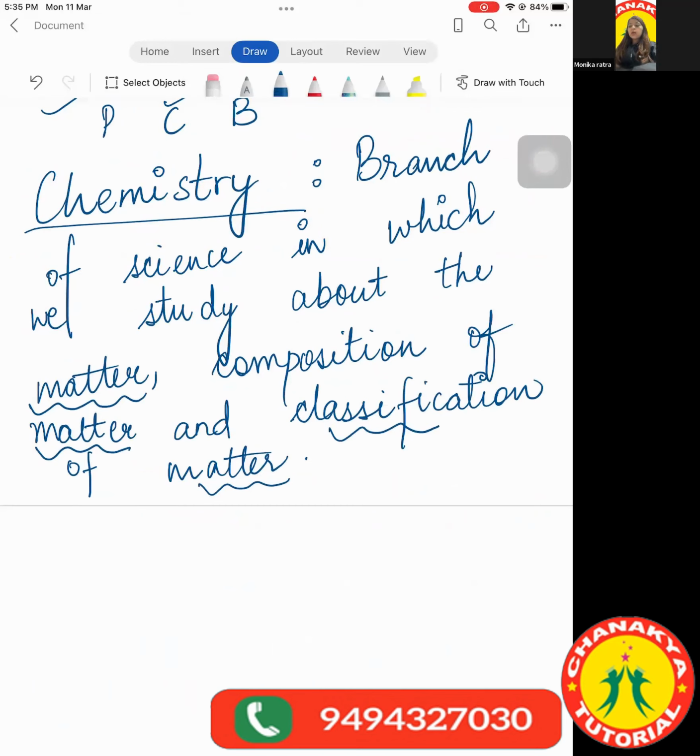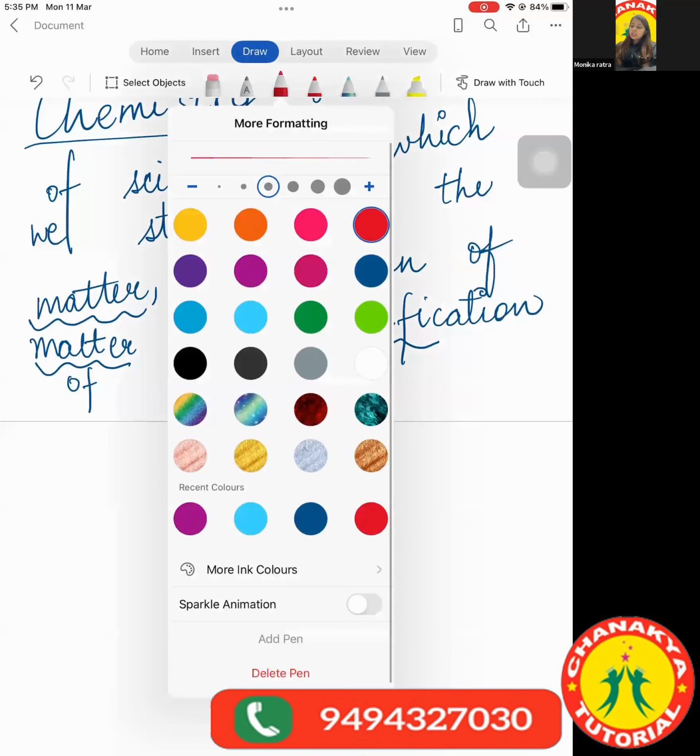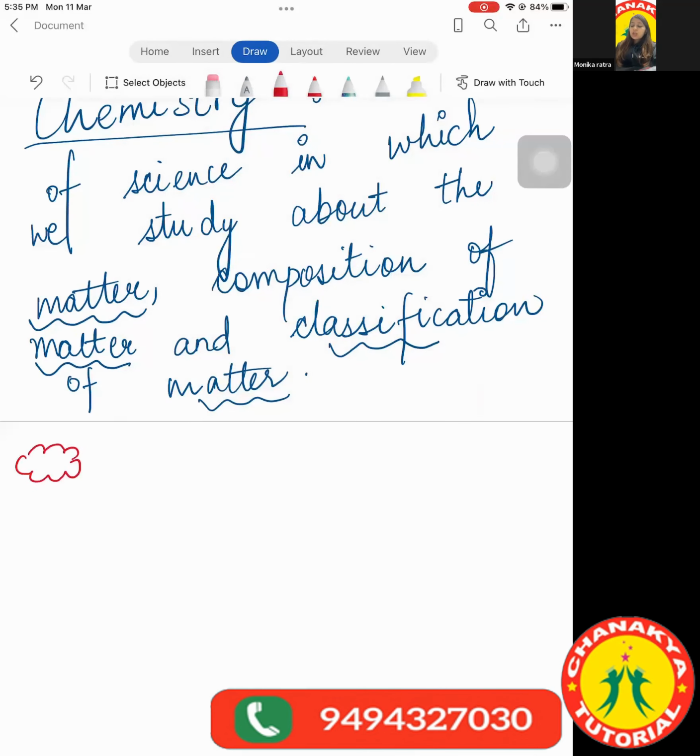Okay, beta? The next important thing is what we are going to study in class 9 chemistry. The first chapter which we are going to study in class 9 is matter in our surroundings. I hope you are all from the CBSE board only. Jitendra, what about you? I cannot see your face, only your head. You are also from the CBSE board, right?